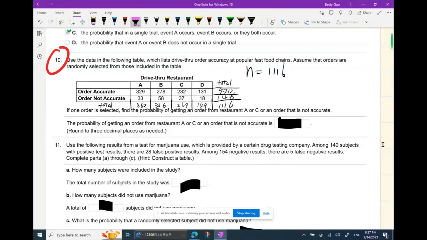Getting an order from restaurant A or C is our first event, and getting an order that is not accurate is the second. A or C, or not accurate. I hope I'm clear enough about that.